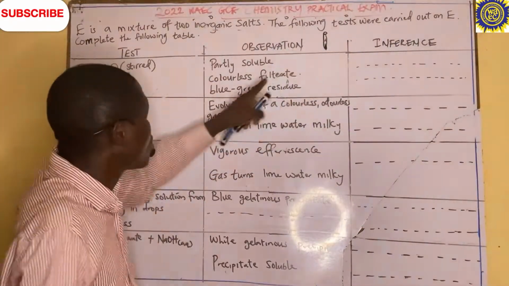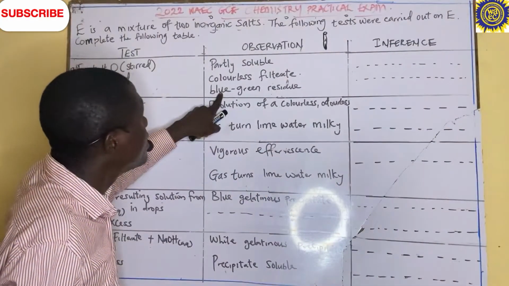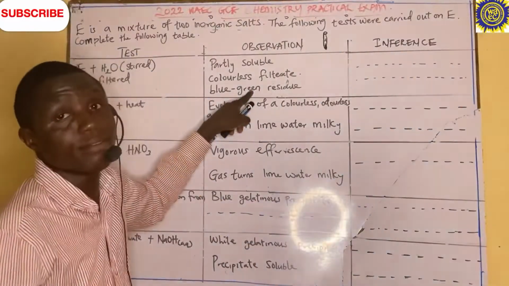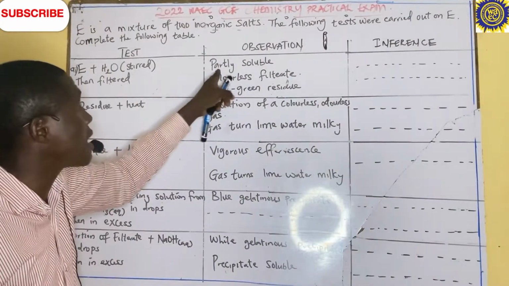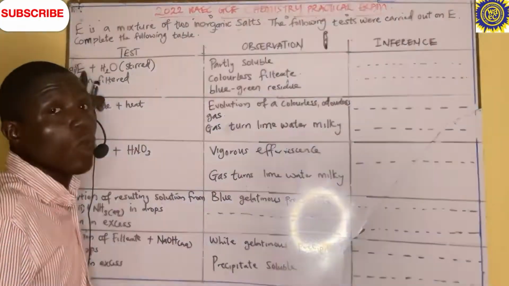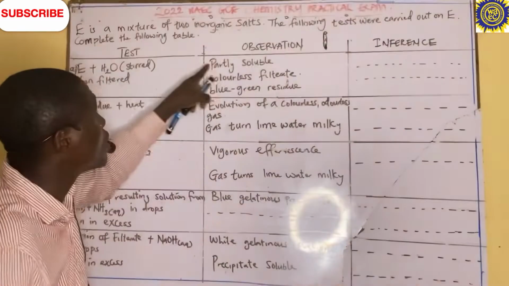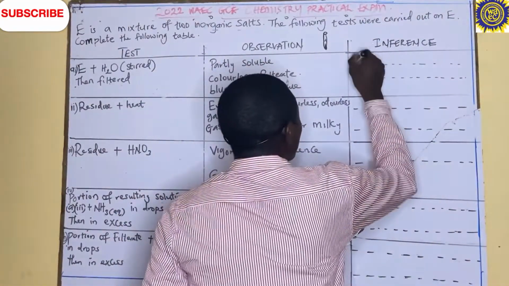Now, we are told that the filtrate we have here is colorless. It has no color. While the residue that we have here is blue-green. So, if I want to write my inference based on what was observed here, I'm going to say, because this is partly soluble, salt E is a mixture of soluble and insoluble salt, because we are told that it's partly soluble.